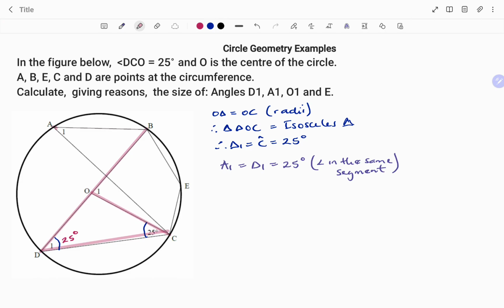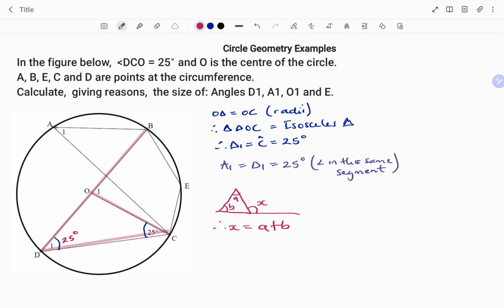The external angle of a triangle is equal to the sum of the two opposite interior angles. I'm going to sketch that quickly. If I have a triangle and any of the sides is being extended, the angle outside here, if I call this X, is equal to the sum of the two interior angles A and B. So therefore, X equals A plus B.